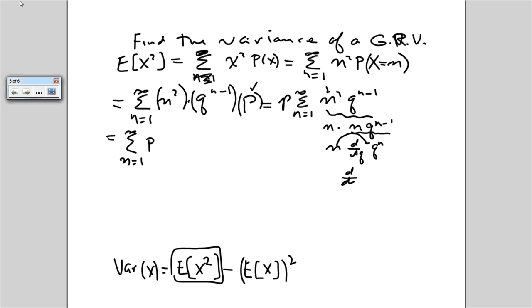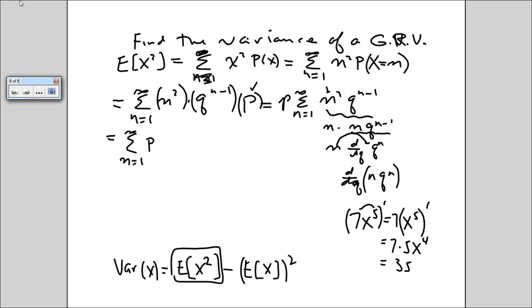This is the derivative of n q to the n. Remember, when you take the derivative of 7x to the 5th, you probably don't do this. You'd multiply 5 by 7, but you can take out the 7 and take the derivative of x to the 5th, which is 5x to the 4th, and you do get the right answer, 35x to the 4th. That is, this constant can be inside what you're taking the derivative of, or you can put it in front. You can interchange it. So you can put the n in.